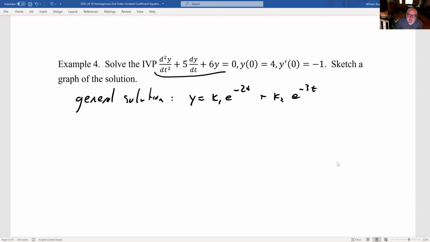And note the initial conditions are on y, and we have another initial condition on y prime. There's a reason why there's 2 initial conditions here. It has to do with the fact that it's a second order differential equation. And again, once we get a little bit further into linear algebra, we can explain exactly why we need 2 initial conditions. But we're going to need to know what the derivative is.